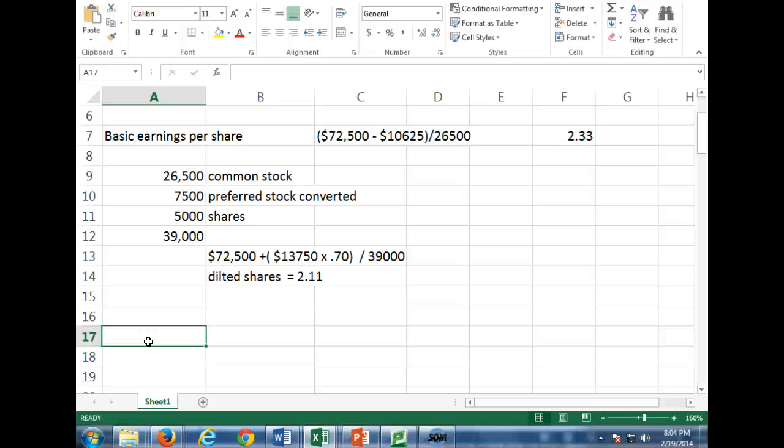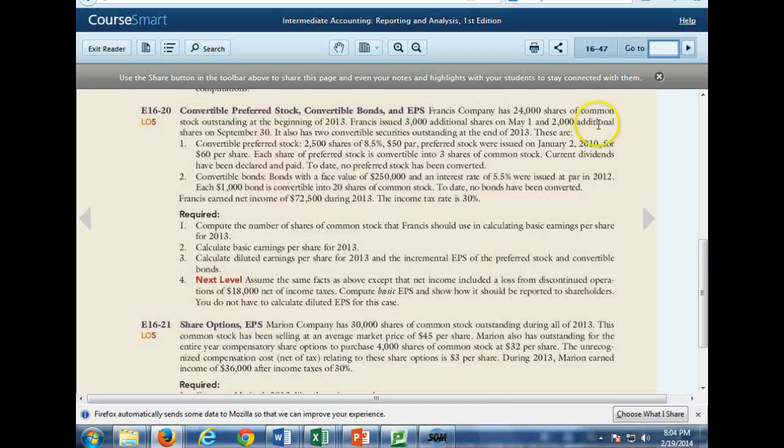Income from continuing operations is $72,500. The net income included a loss from discontinued operations.